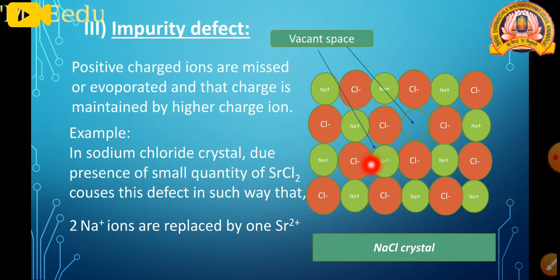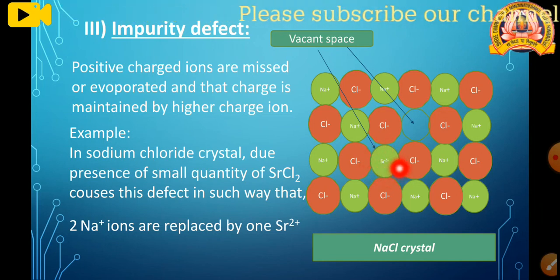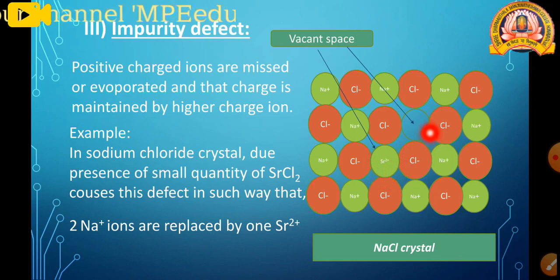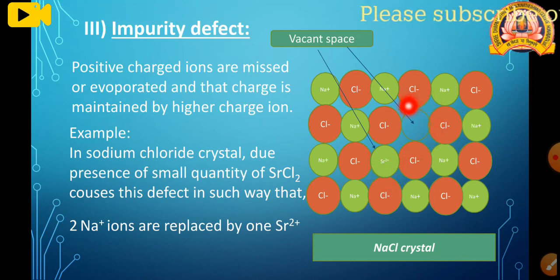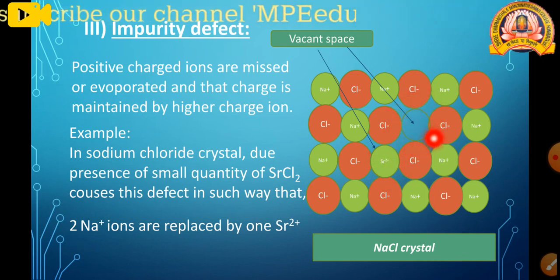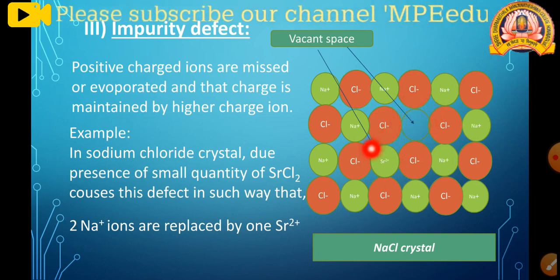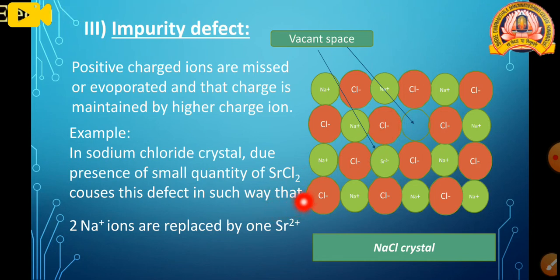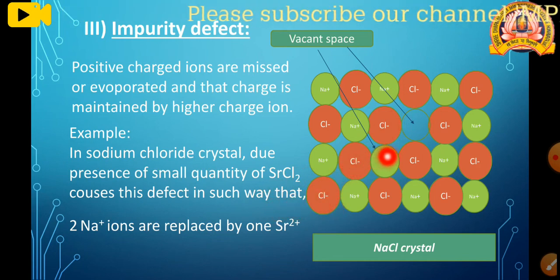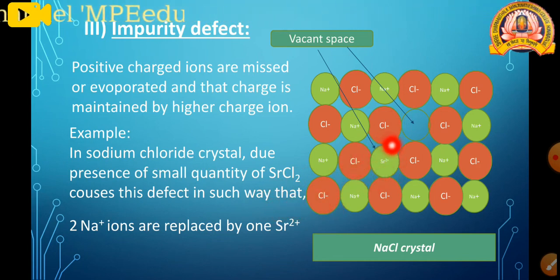How many vacant spaces remain? Suppose 2 sodium are evaporated, 1 vacant space remains. How much strontium is acquired? 1 strontium is acquired, 1 vacant remains. So there is a relationship formed. What is the relationship?